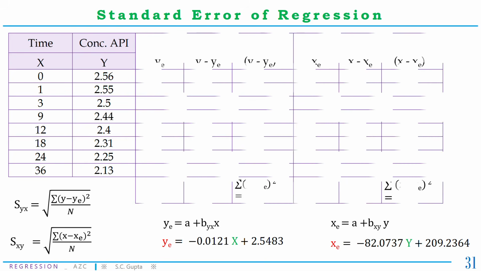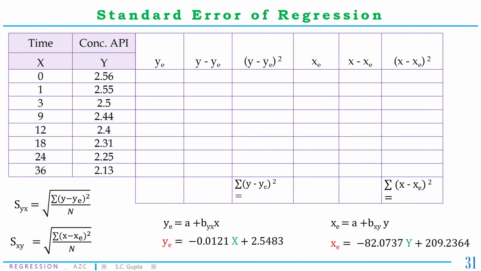So, we extend the columns of the table for calculation of unexplained variation. Let us first calculate the variation in y which is unexplained by the variable x, sigma of y minus ye whole square.